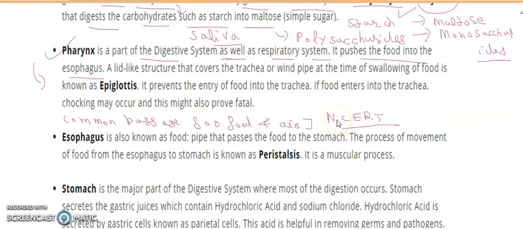After that, as you can see, there is the epiglottis. This term is very important; sometimes a question can be framed from here. Which structure prevents the entry of food into the trachea? Epiglottis.